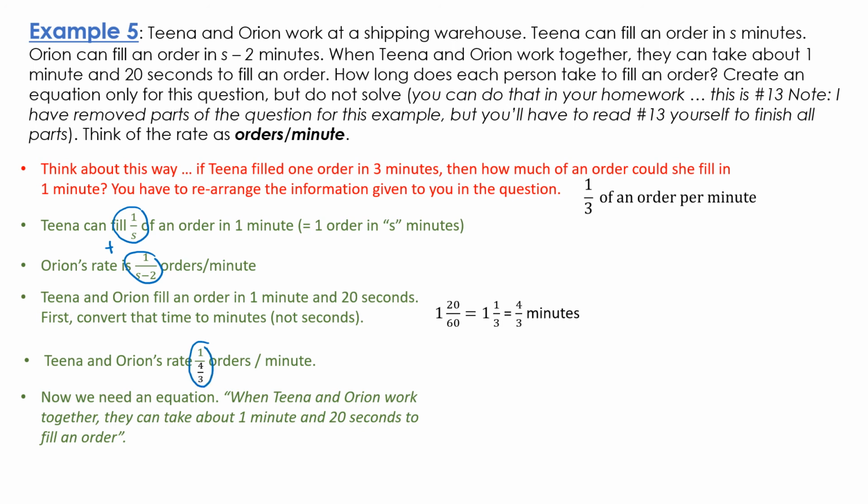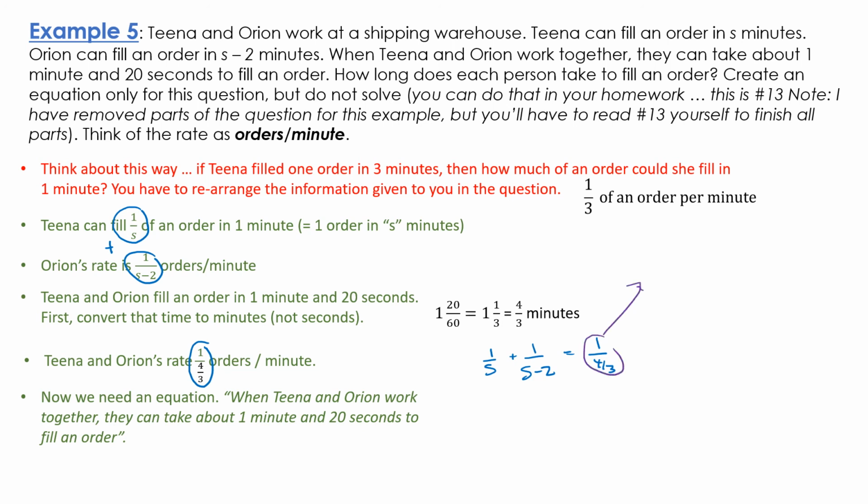So my equation is 1 over S plus 1 over S minus 2. That's going to equal 1 over 4/3. Now I'm going to fix that 1 over 4/3. We don't like in math to have all those levels of fractions.